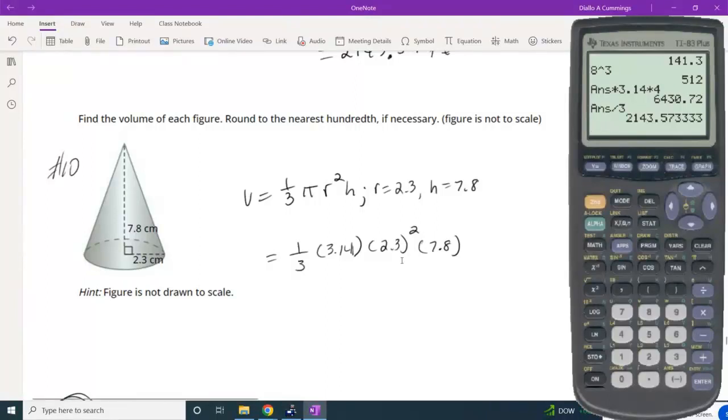So 3.14, 2.3 squared, and 7.8 all have an understood denominator of 1.